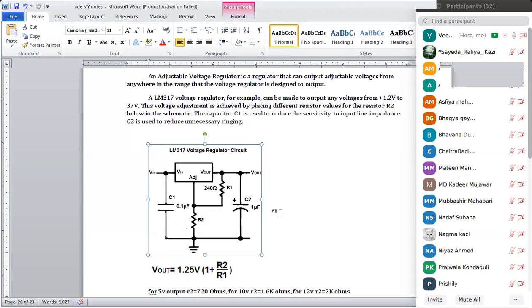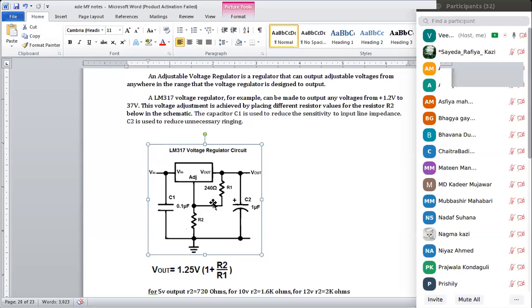LM317 is one IC. This IC is a voltage regulator circuit. It will give an output based upon the circuit elements that we are going to use here. So C1 and C2, two capacitors, and two resistors, R1 and R2, are connected over here.